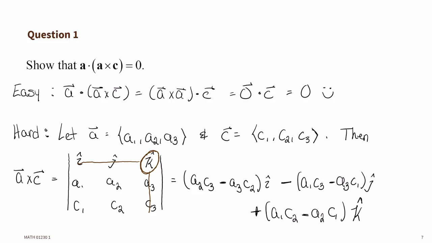There's your cross product. And if you compare that to the definition, it's exactly what it is. So instead of memorizing the formula, you can also just set it up as a determinant.